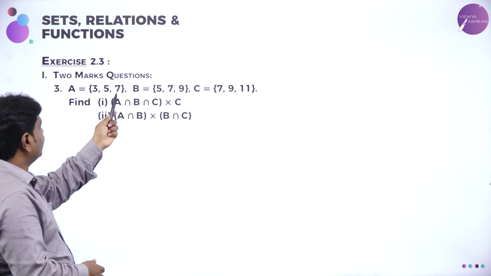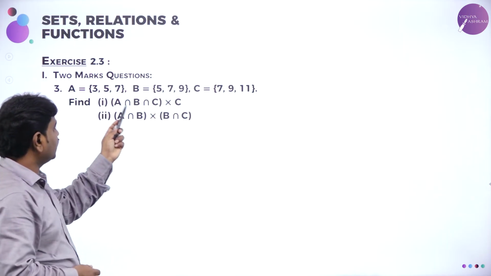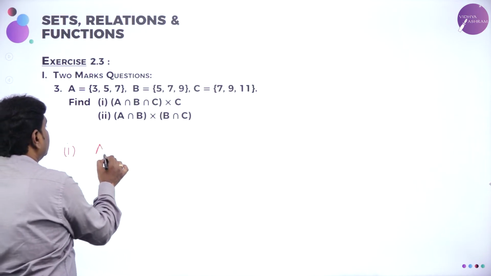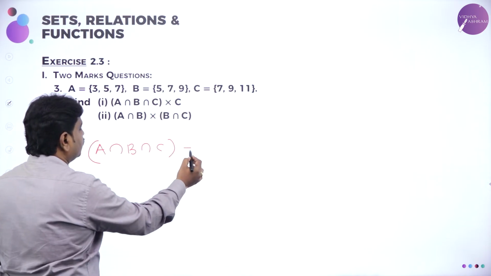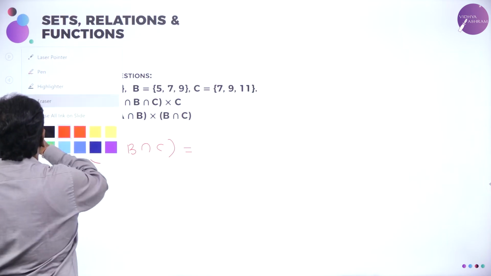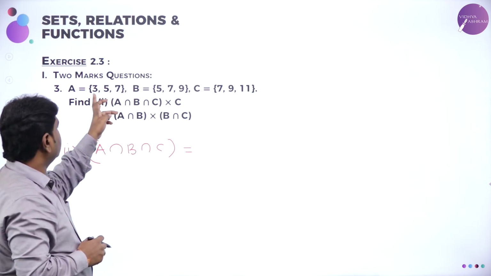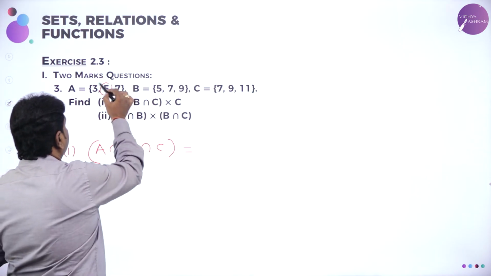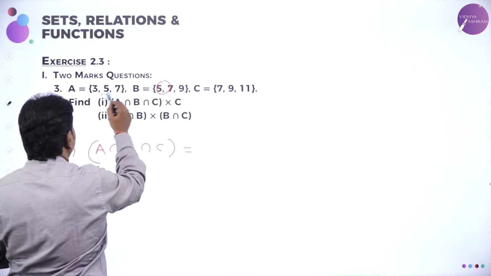A they gave 3, 5, 7, B they gave 5, 7, 9, C they gave, they want A intersection B intersection C cross C. So for the first part, first find A intersection B intersection C. What is meant by A intersection B intersection C? Common element for A, B and C. What is common? 3 is not common, 5 is present in A, present in B but not in C. So I cannot take this.